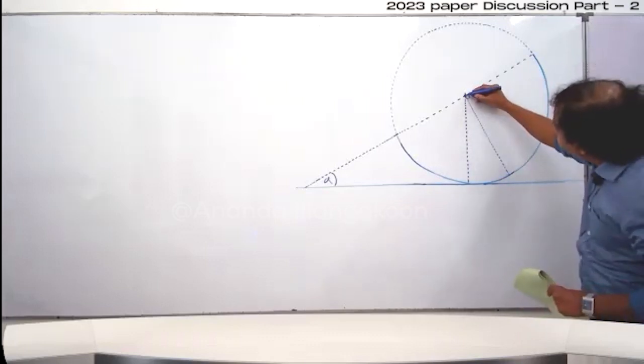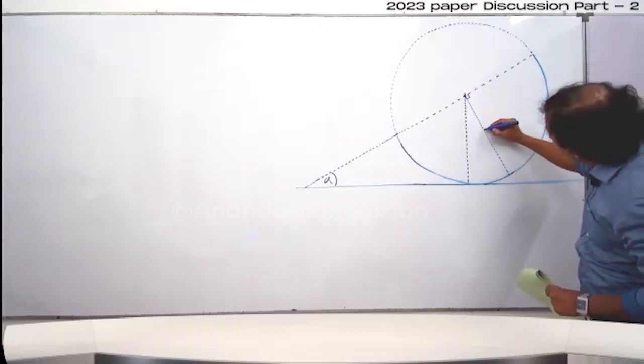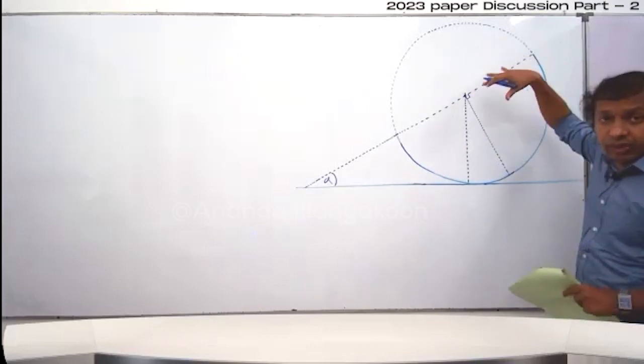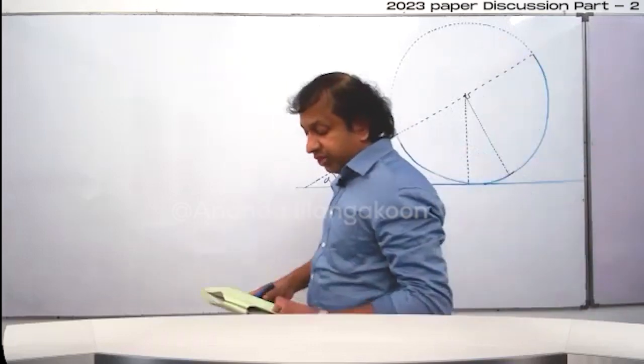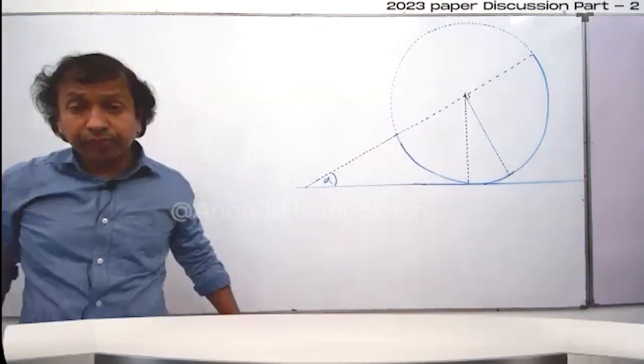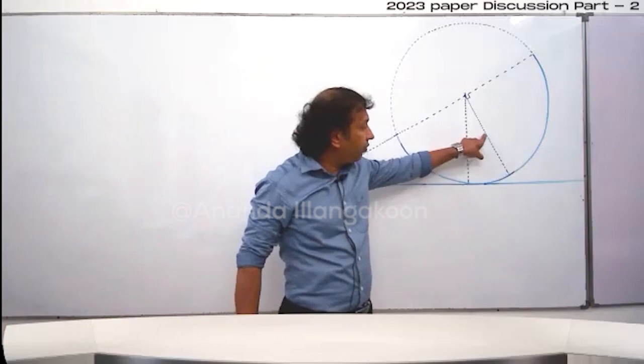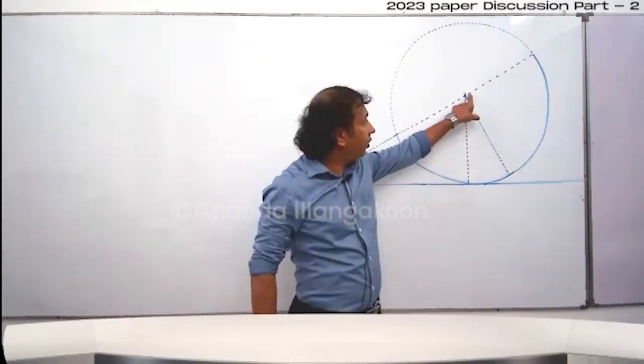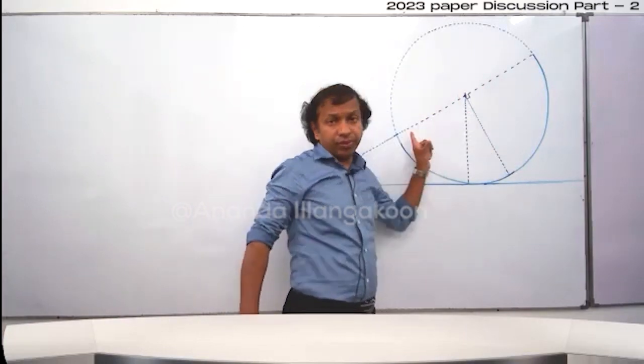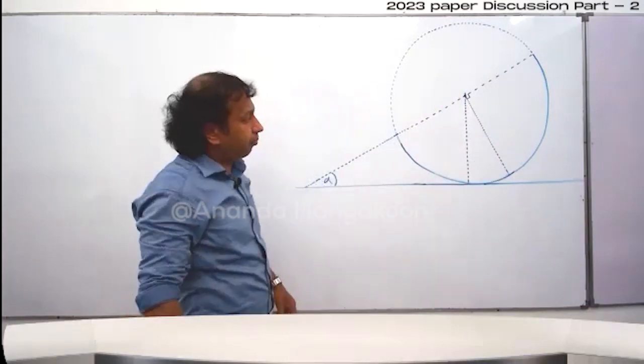On this radius only, the center of gravity of the hemisphere lies. Where is the center of gravity of a hemisphere, people? It is at the midpoint of this radius, which is perpendicular to this base.